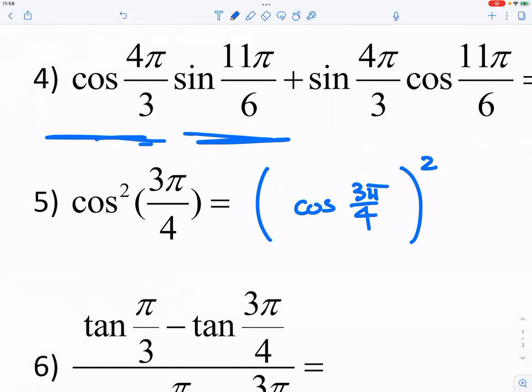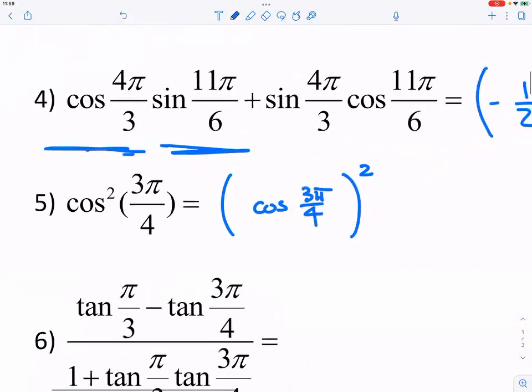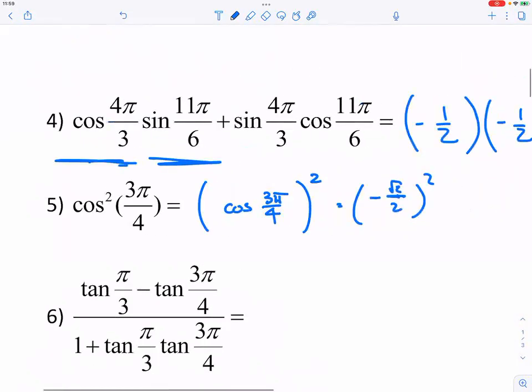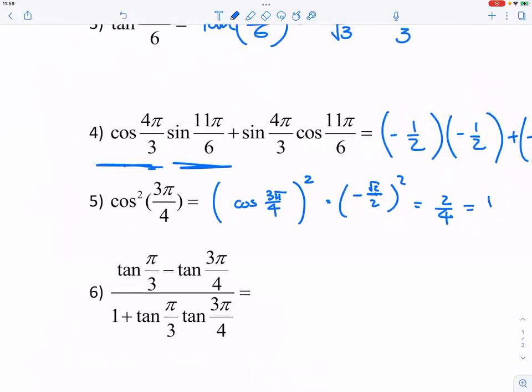And the real meaning is that the whole thing, cosine of 3 pi over 4, this whole thing is being squared. So you are not squaring just the cosine part of this writing. You are not squaring just the angle. You are squaring the whole trig function, cosine of 3 pi over 4, which is equal to negative root 2 over 2. And that should give you an answer of 1/2 because it's 2 over 4. So it's just 1/2.